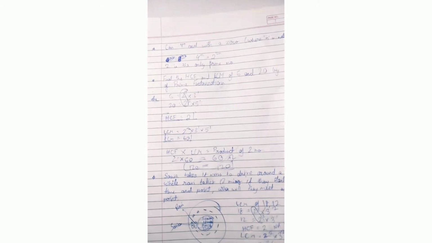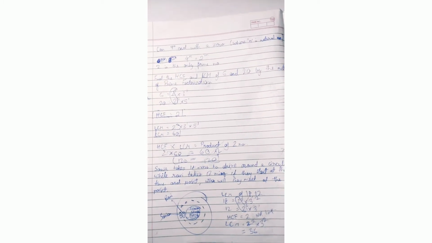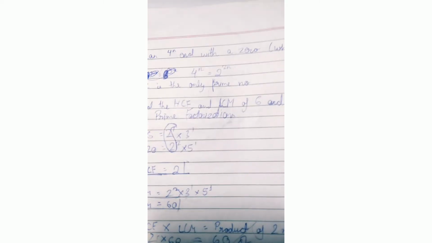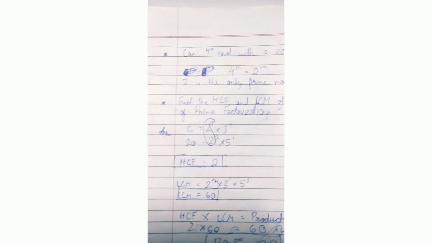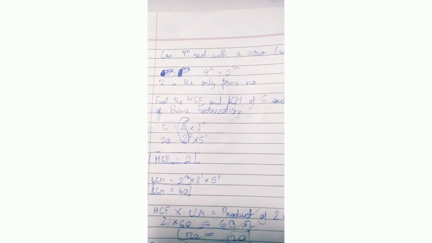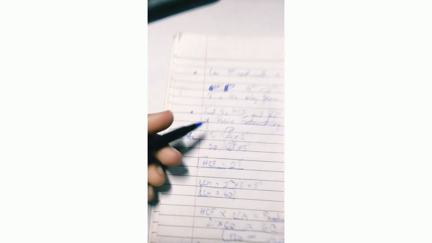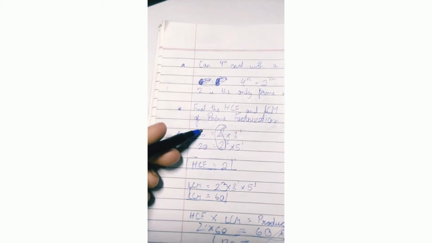Now guys, we have a very interesting thing in this. As we are given, find the HCF and LCM of 6 and 20 by the method of prime factorization. Now in this we have to take out the factors of 6.